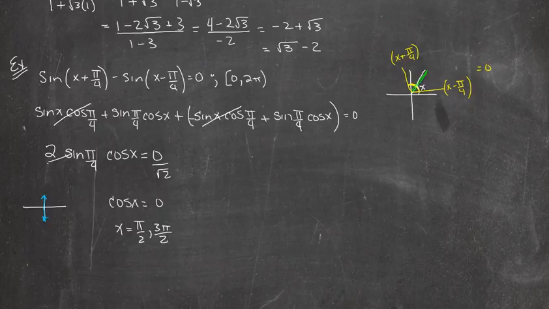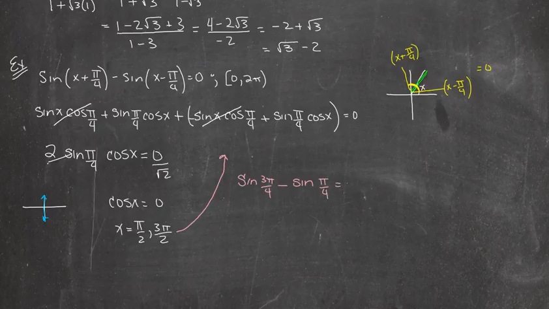If I check my answer, I find that it's correct. Because, let's plug it back in, let's start with pi over 2. Well, pi over 2 plus pi over 4 is 3 pi over 4. So the sine of 3 pi over 4 minus the sine of pi over 2 minus pi over 4, which is just pi over 4.